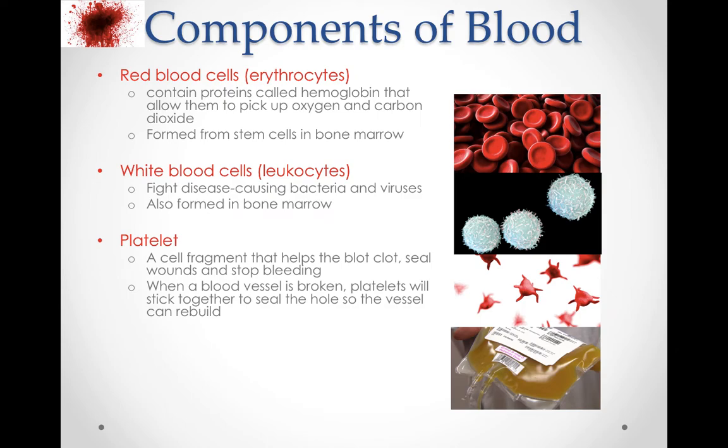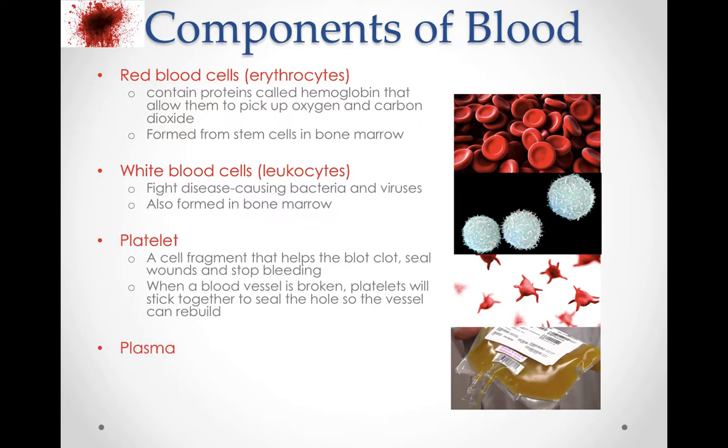So if we break a blood vessel, whether it's a bruise or you actually get a slice on your skin, you'll notice that the blood will start to get thick and form a clot. That's the platelets sticking together. They have a chemical on them that allows them to stick together and seal off the hole so that the blood vessel can rebuild.